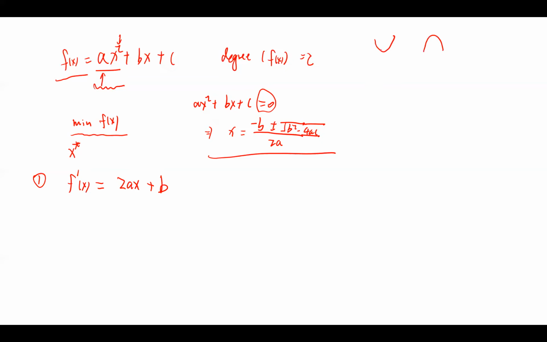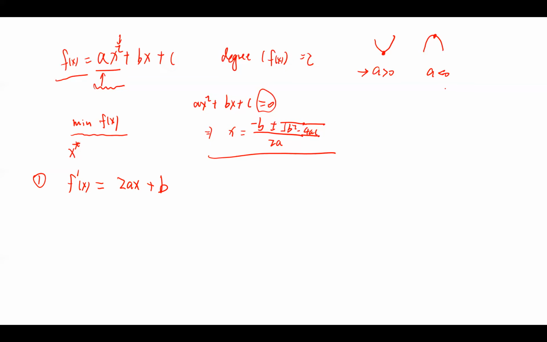This is the case where we find the minimum, and this is the case where we find the maximum. To say this function has a minimum, we require a to be positive, because it opens up in a convex shape. If it's concave, then a is going to be negative.